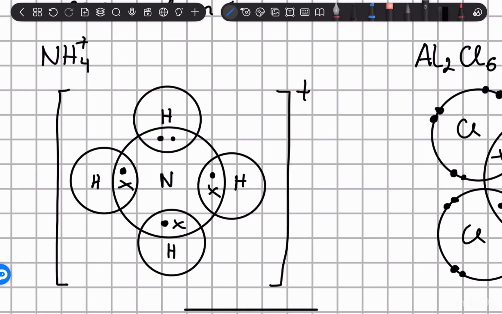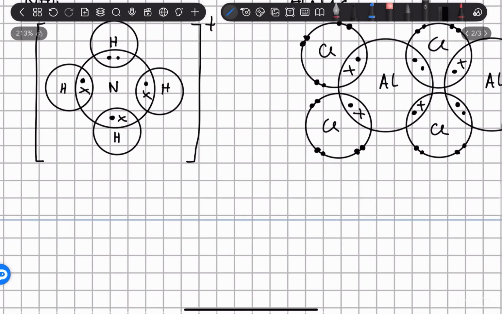So we have our square brackets and the positive charge. Now, nitrogen has a lone pair of electrons when it forms ammonia. So this lone pair of electrons is sort of given to hydrogen to form a coordinate bond. Coordinate bonds are also called dative bonds. So nitrogen will share its electrons with the hydrogen here.